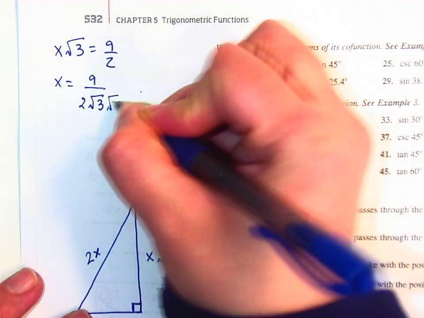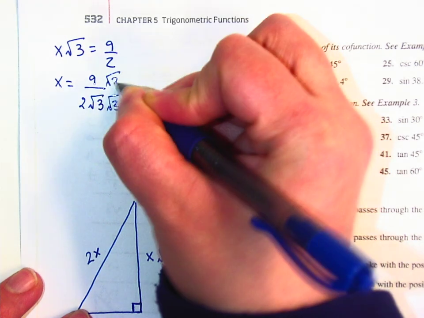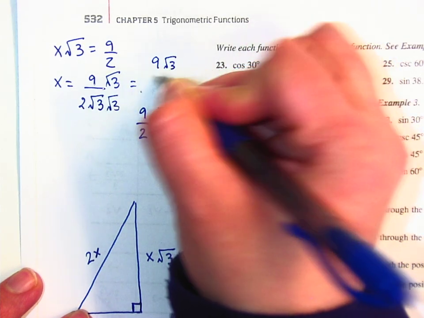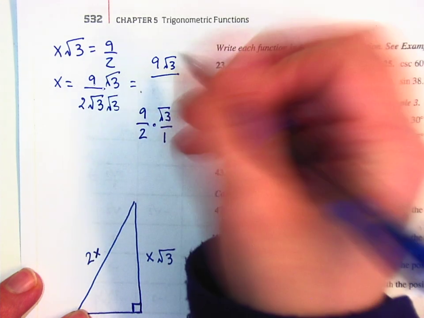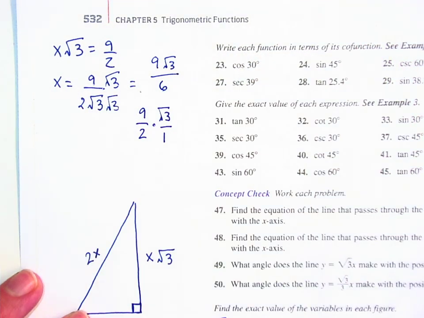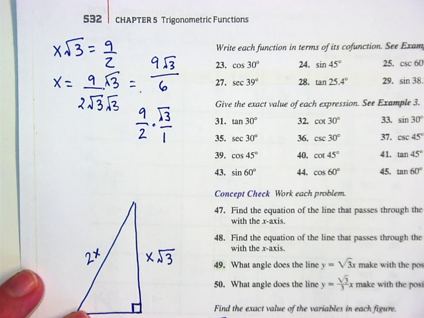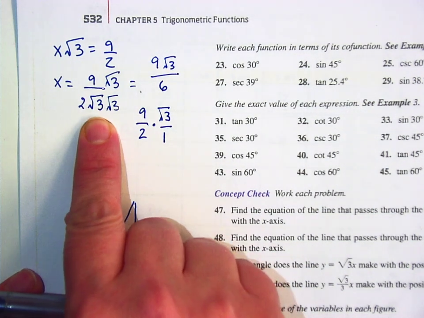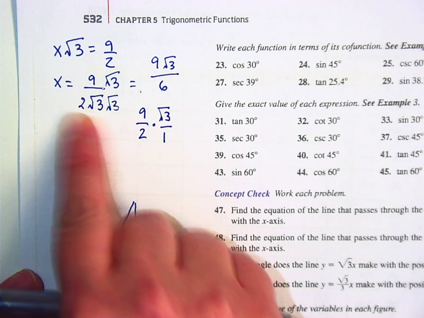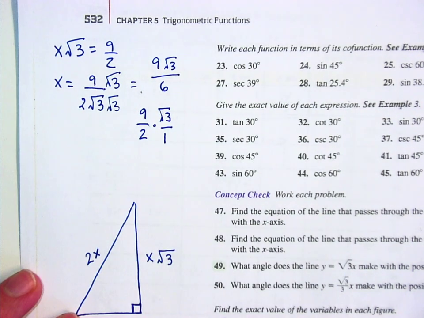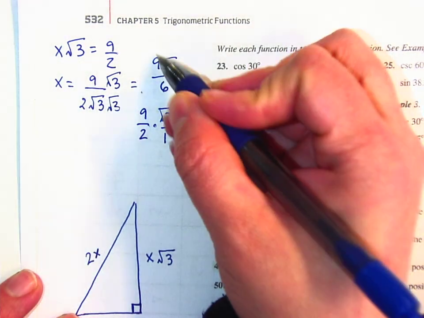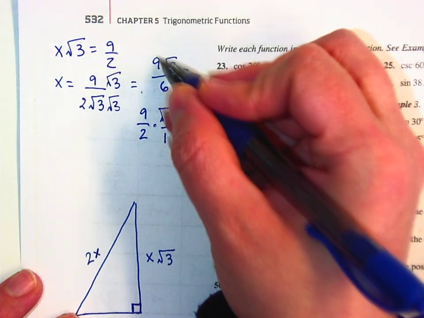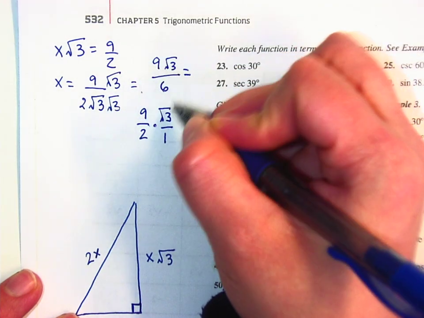Multiply by the square root of 3 over the square root of 3, which equals 9 square roots of 3 over 6. Because the square root of 3 times the square root of 3 is the square root of 9, which is 3. 2 times 3 is 6. And then I can reduce this. Reduce the 9 and the 6: 3 and 2.